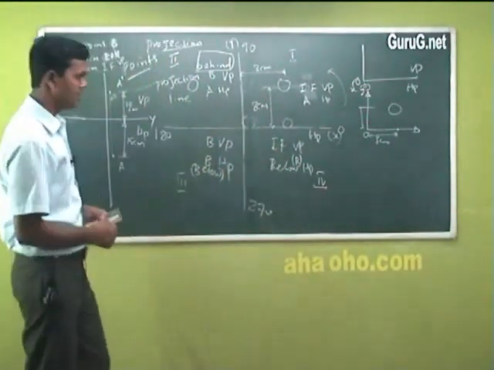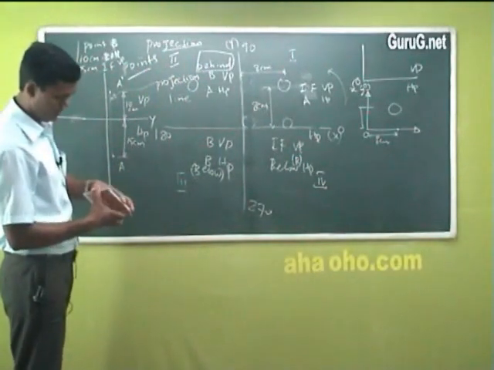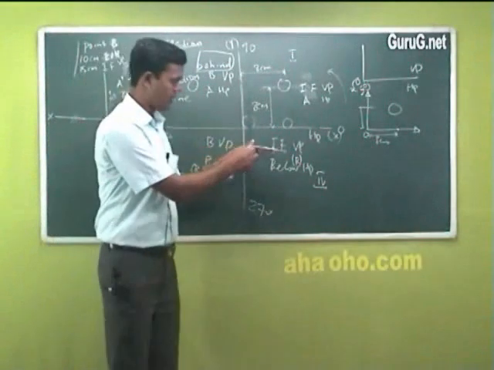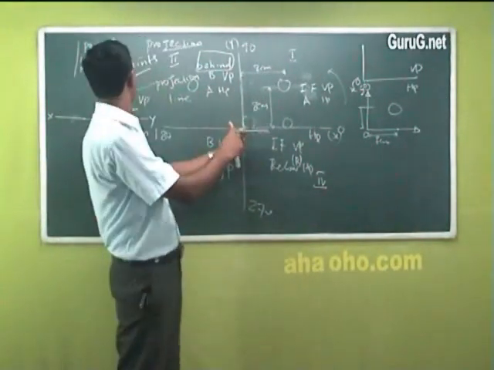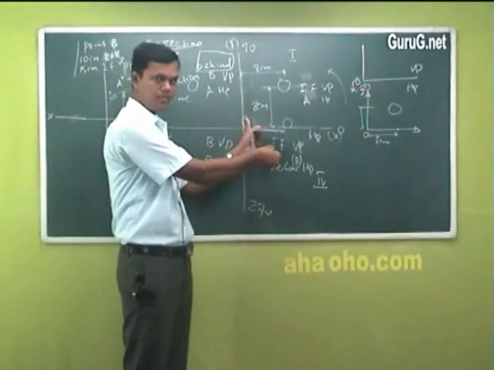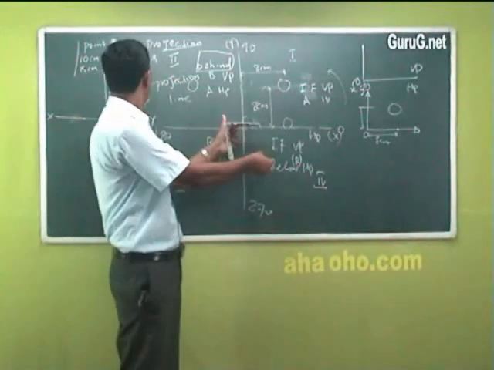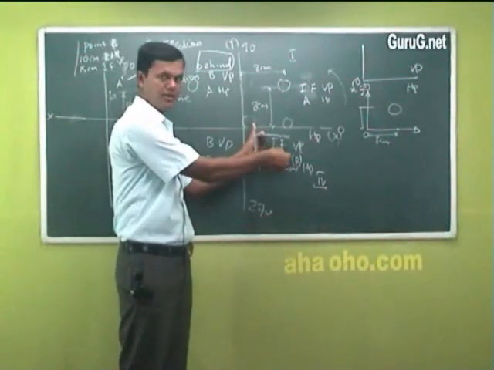Now how will I place this? I will show it in terms of this CD. This fourth quadrant looks like this. You agree? It is 10 centimeter below HP, somewhere here, and 15 centimeter in front of VP.